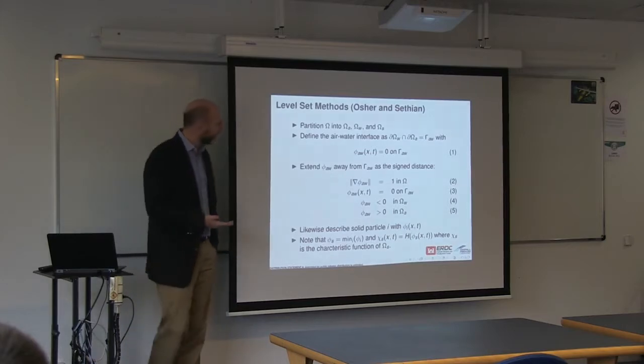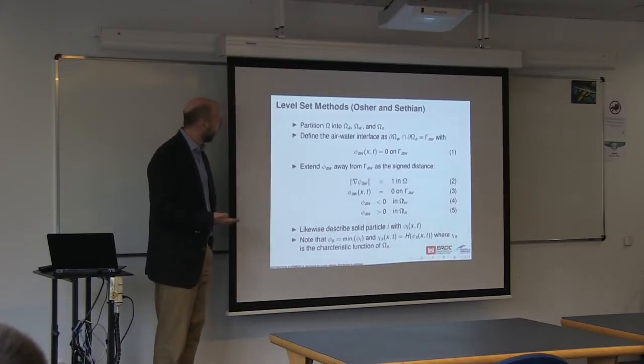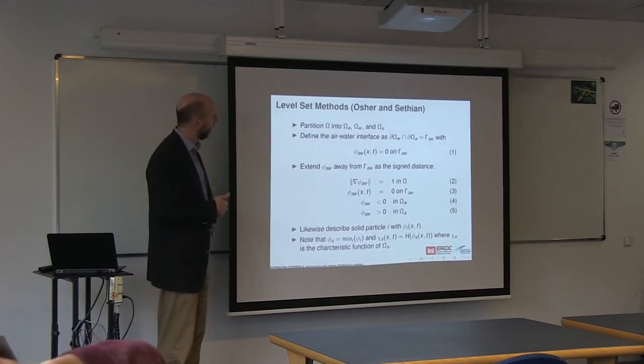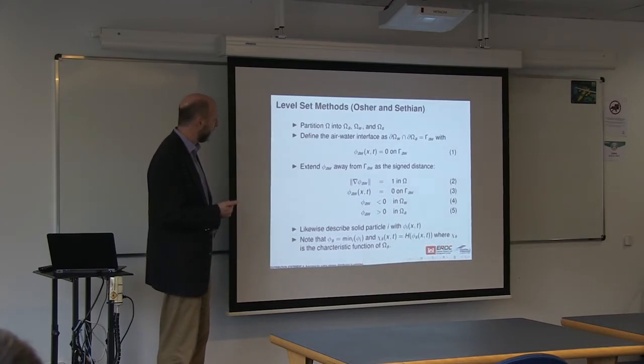So one of our core tools that we use is the level set method. So I'll briefly give you some of the details on that. We partition the domain omega into the air, water, and solid domains. And then we define the air-water interface as the zero level set of a scalar function phi. So it's defined as phi equals 0 on the air-water boundary, gamma AW.